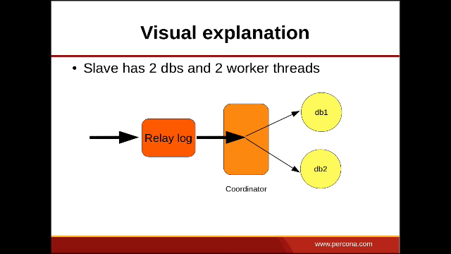And then instead of having the SQL thread in the good old replication looking at the relay log and executing the transactions, you will have a coordinator thread that will simply look at the transactions and try to dispatch the work to the workers. So here you have 2 databases, 2 workers, and the coordinator will try to dispatch the work across these 2 workers.